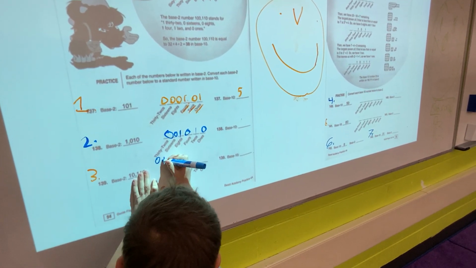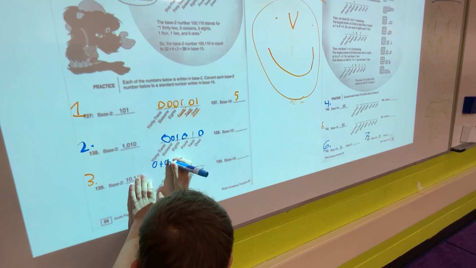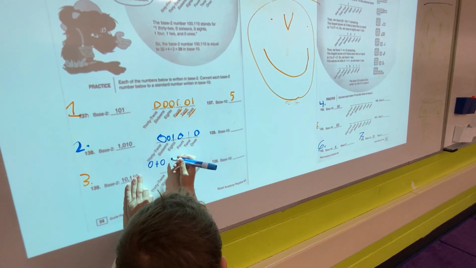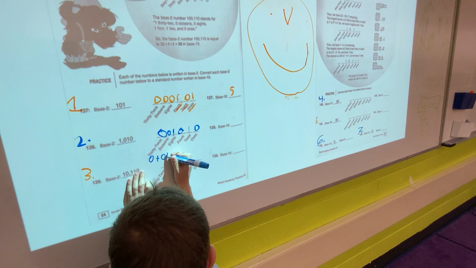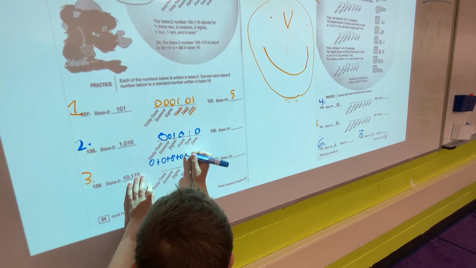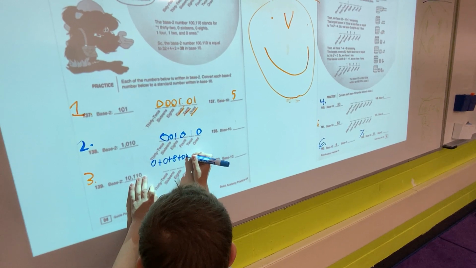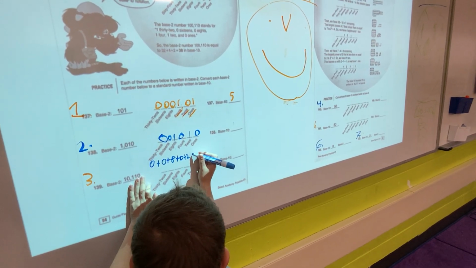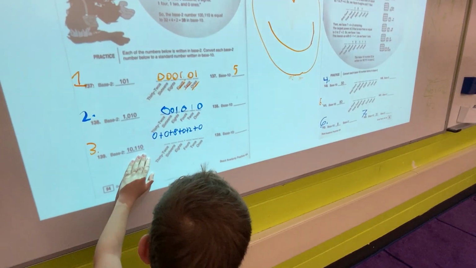So 0 plus 0 sixteens plus 0, and then 1 eight, so plus 8, 0 fours, so plus 0, 1 two, so plus 2, and 0 ones, so plus 0.